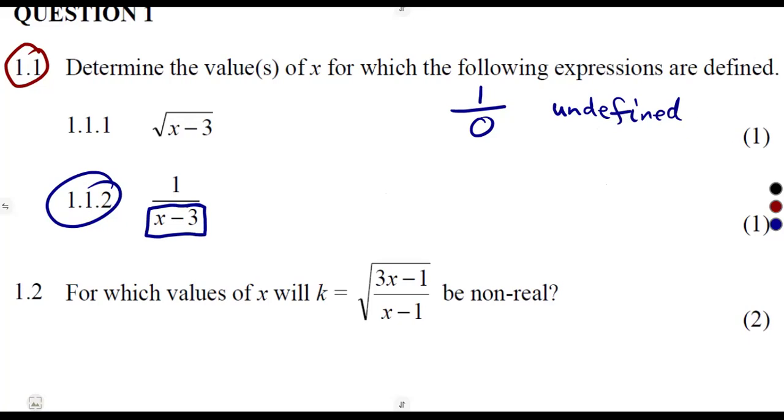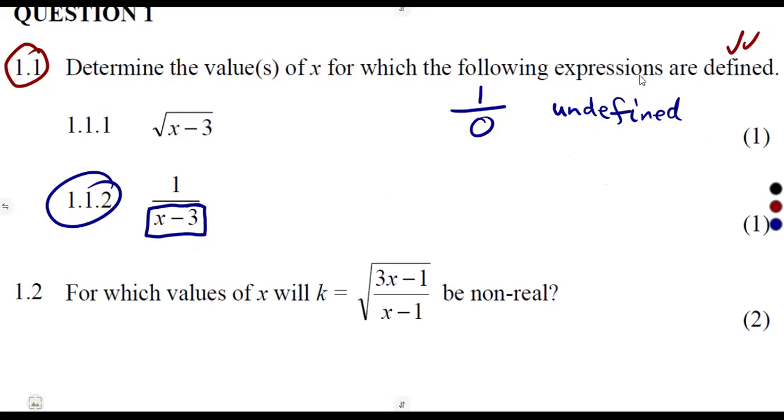So the defined part is now the opposite. It simply means our denominator is supposed to be not equal to 0. For defined, we are talking about those values that work for us when we substitute them in place of x; they give us a certain value.